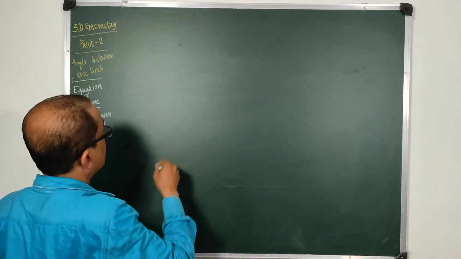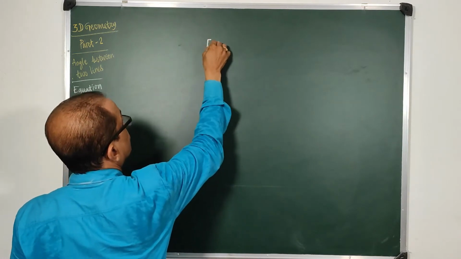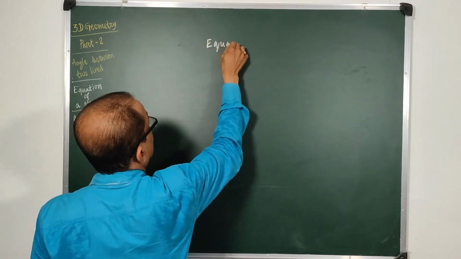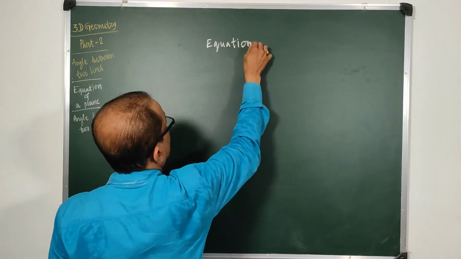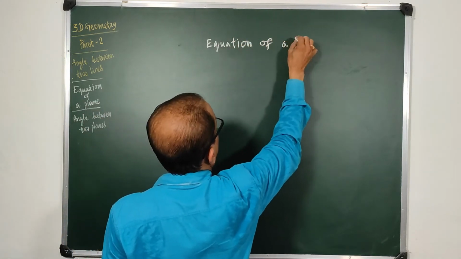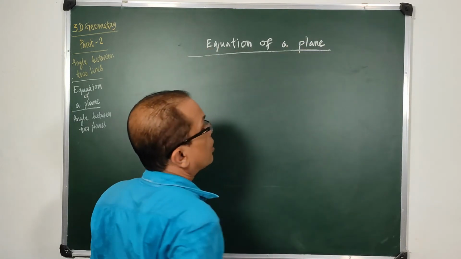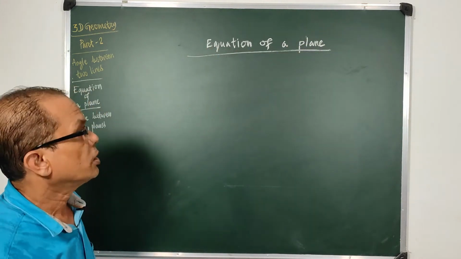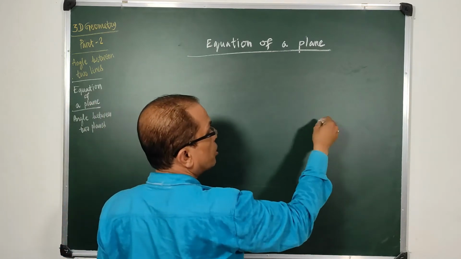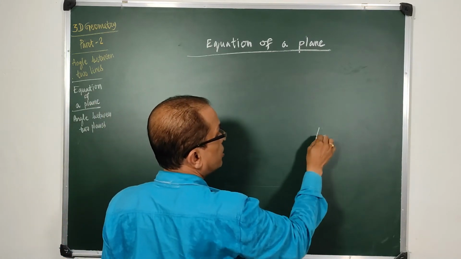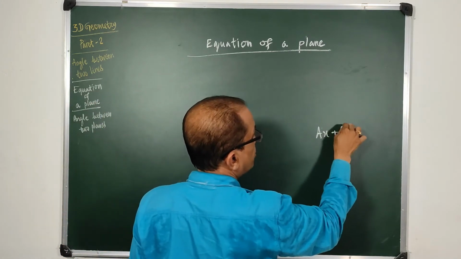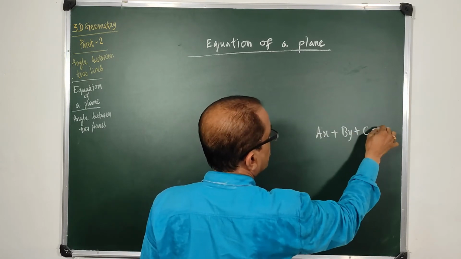What is the equation of a plane? Earlier in two-dimensional geometry, we know that the general equation of a straight line is ax plus by plus c equal to 0.